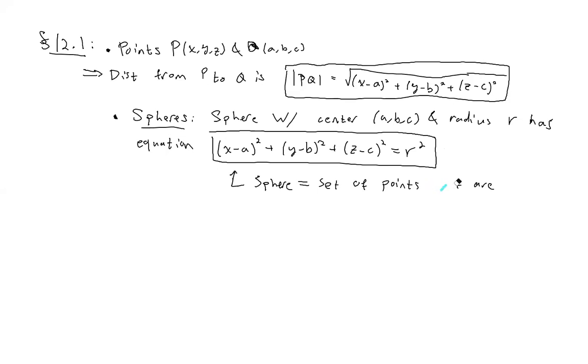It's a set of points which we usually write as X, Y, Z, that are distance R from the center ABC. And when you think about it that way, then you'll realize, of course the sphere has to be of this form, because that's just the distance squared, and that equals R squared, which is obviously the square of the distance. So those are the same thing.